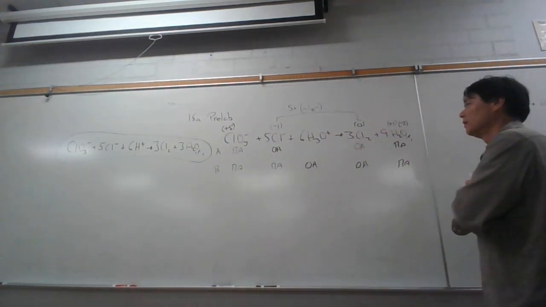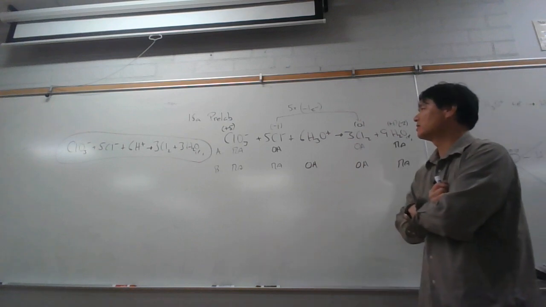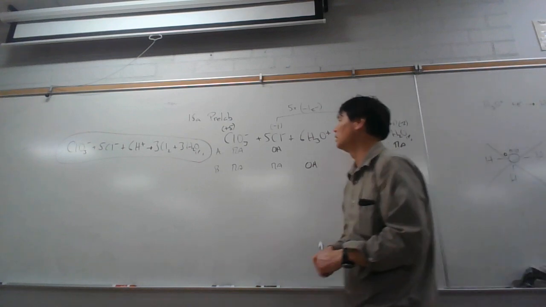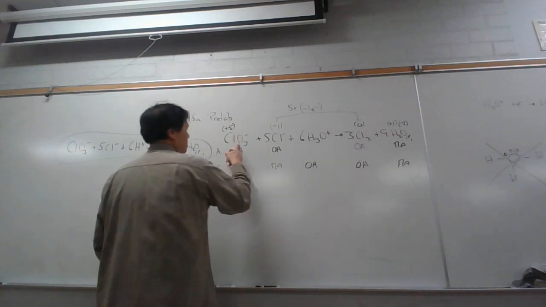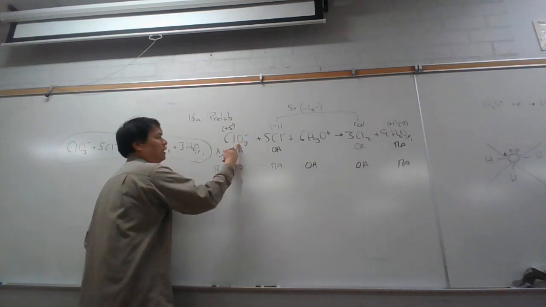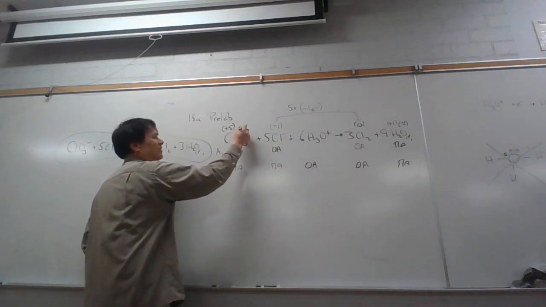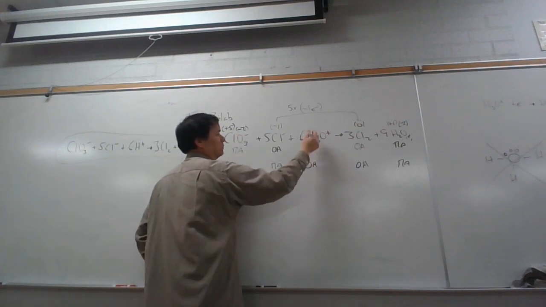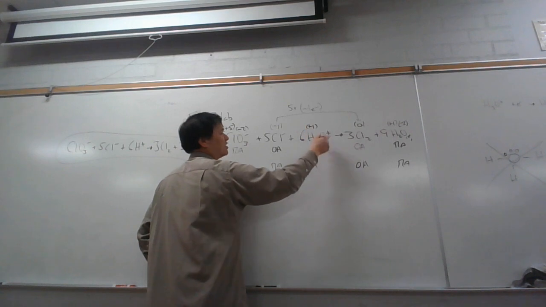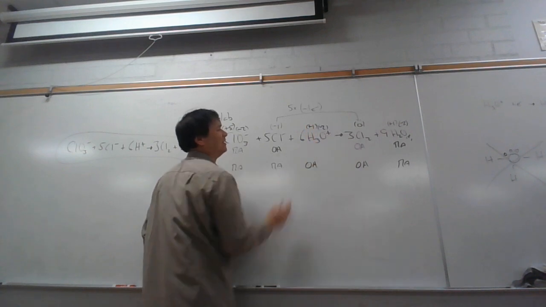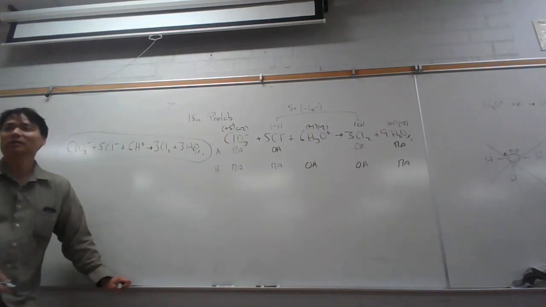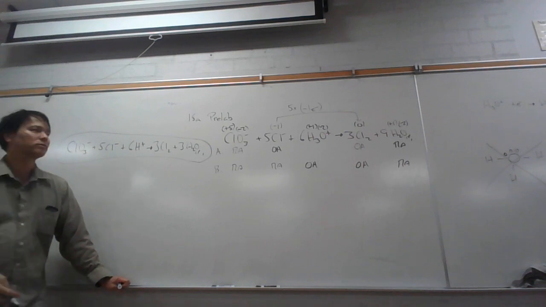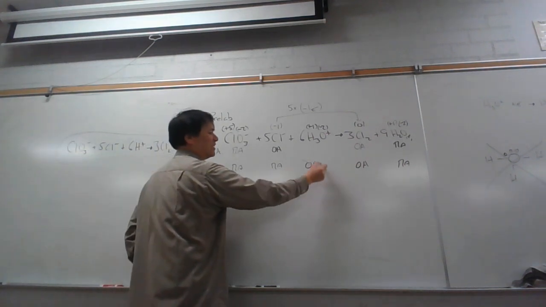All right, so let's go ahead and finish the oxidation states here. When you look at the oxidation state that you got for this one, oxygen, -2. Did anything happen to hydrogen and oxygen? No, so hydrogen and oxygen is not a participant in this.